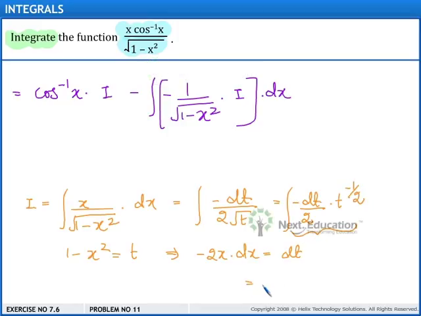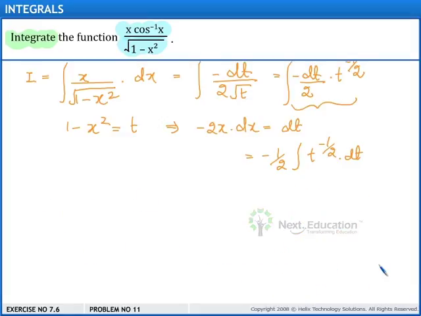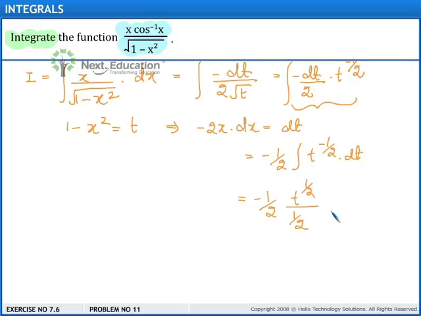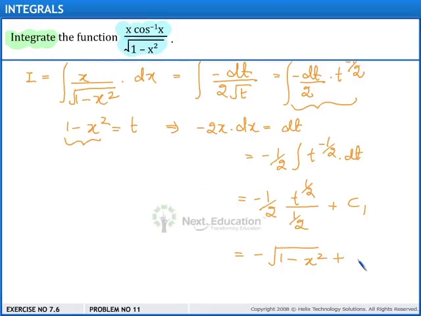So this can further be written as minus half integral of t raised to the power minus half into dt, which can be written as minus half t raised to the power half divided by half plus the constant c1. So we have minus square root of, in place of t we write 1 minus x square, plus the constant c1.